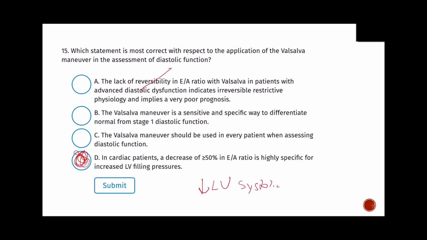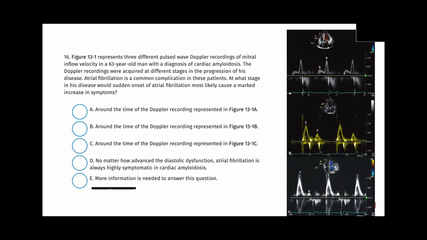So that's another little pearl, is that if you have decreased systolic function, right, and you have a high E wave, that probably is grade 3 diastolic dysfunction and not normal. Does that make sense? So if you have LV systolic dysfunction and what looks like likely advanced diastolic dysfunction, you probably have advanced diastolic dysfunction. It's hard to have systolic dysfunction for a prolonged period of time isolated from diastolic dysfunction. So it kind of hits on a couple major points. So not a great question, but.